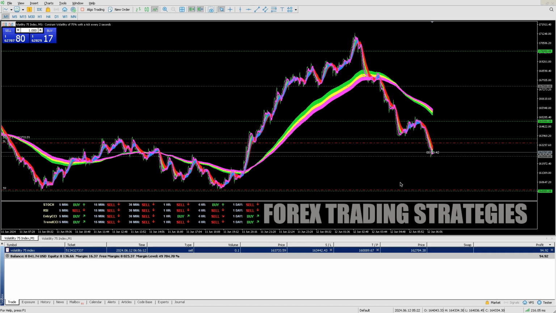So yeah, guys, we'll see how this goes on. I'll probably withdraw some of this money from this trading account, which is another thing that I also want to advise you. Always move your money from your trading account.